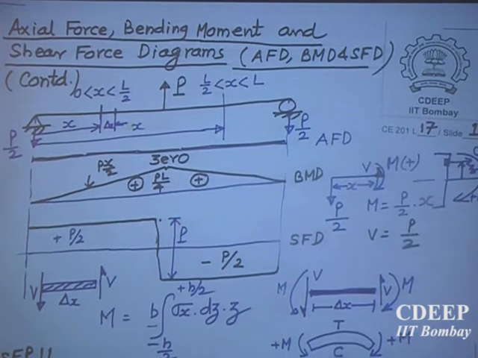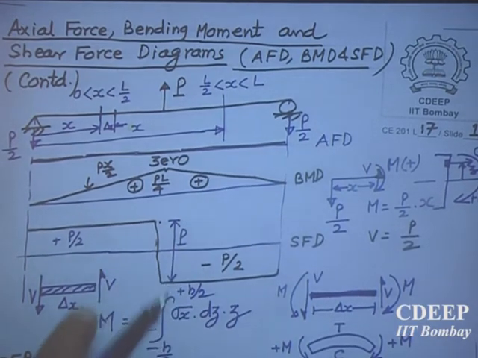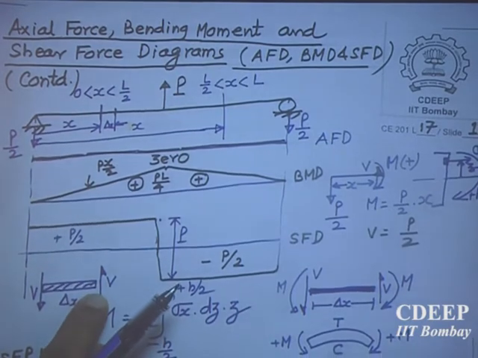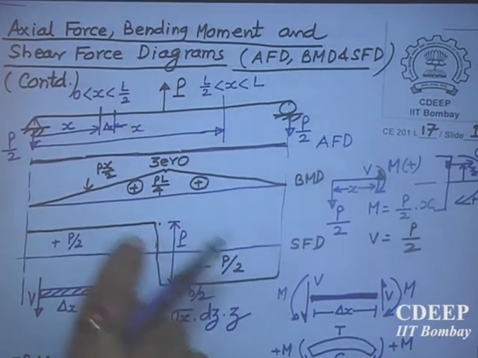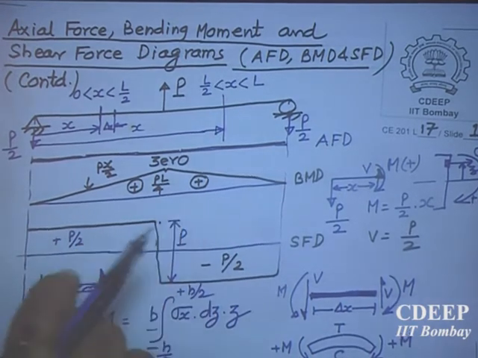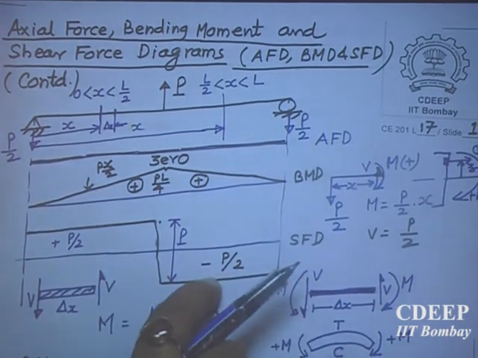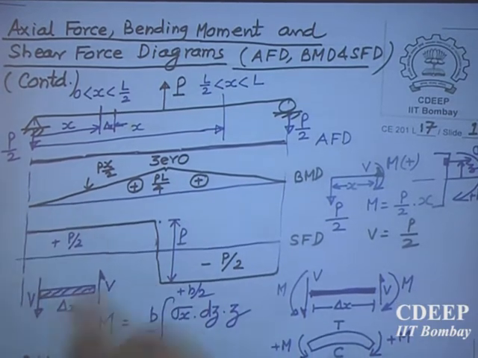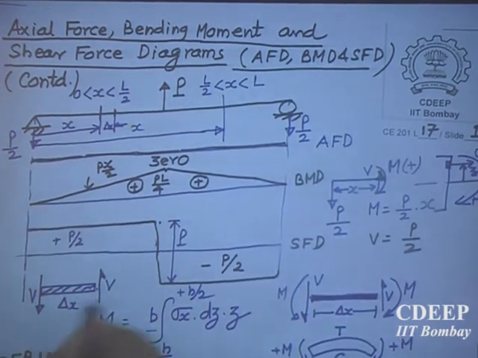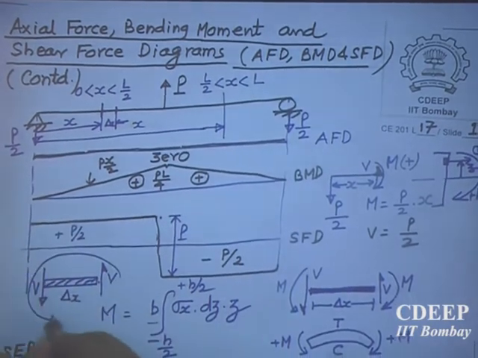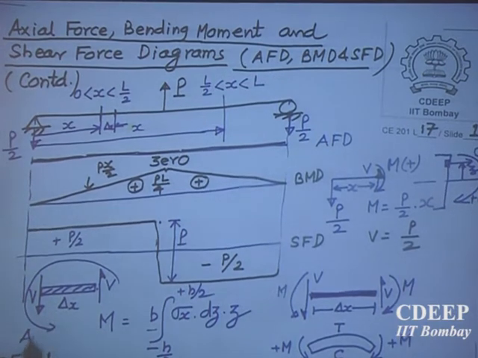I will simply say, if you are clear about what is your positive shear force on a positive x face, and we are drawing positive above the line and negative below the line. Of course, this will have an anti-clockwise rotation, because this and this will form a couple, and that will rotate this element like this.